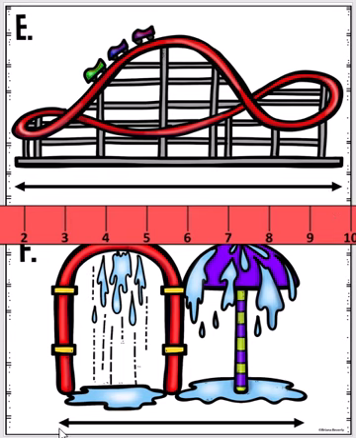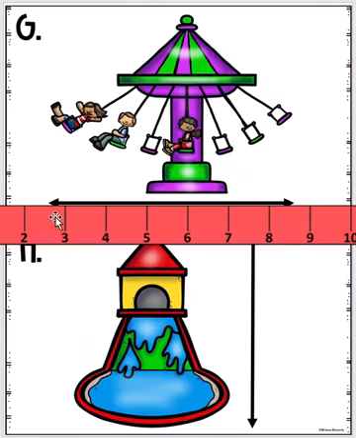Now look at our water ride here. Our water ride begins at 3, and our water ride ends at 9. So from 3 to 4 is 1, 2, 3, 4, 5, 6. So this water ride is 6 inches. Here are the swings. The swings start at 2.5, end at 8.5. 2.5 plus 1 is 3.5, to 4.5 is 2, to 5.5 is 3, to 6.5 is 4, to 7.5 is 5, to 8.5 is 6.